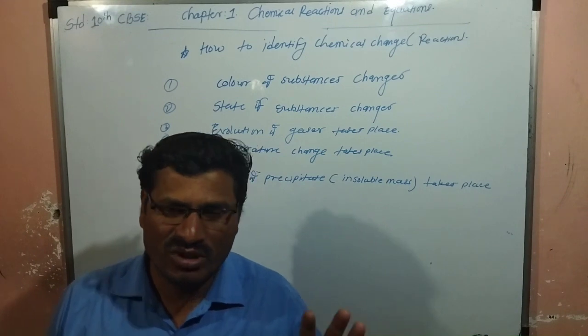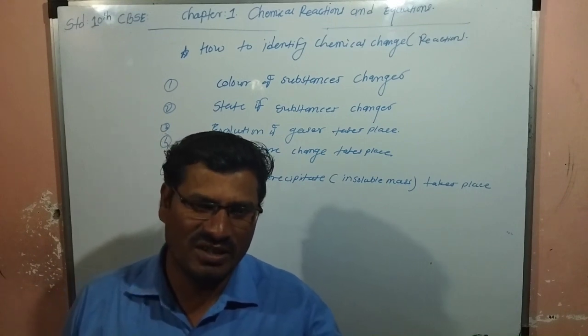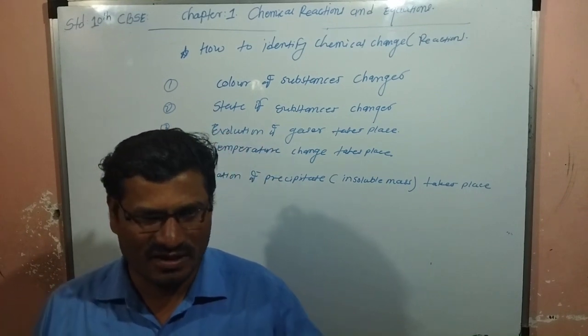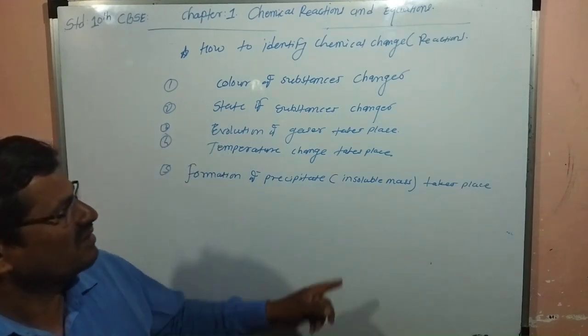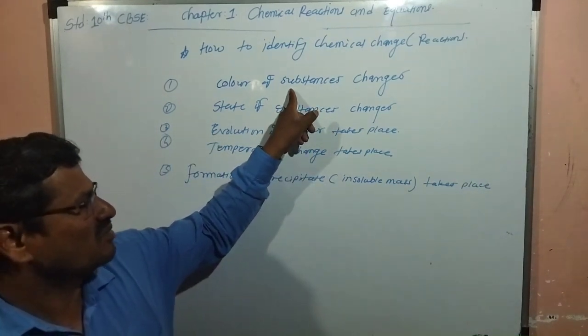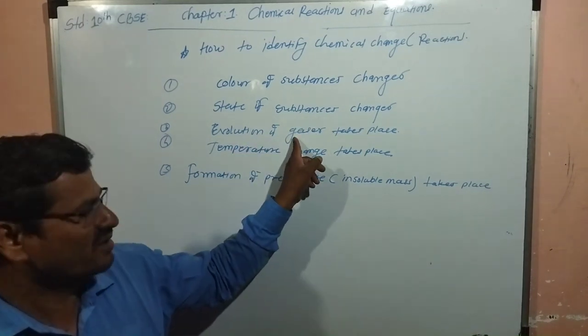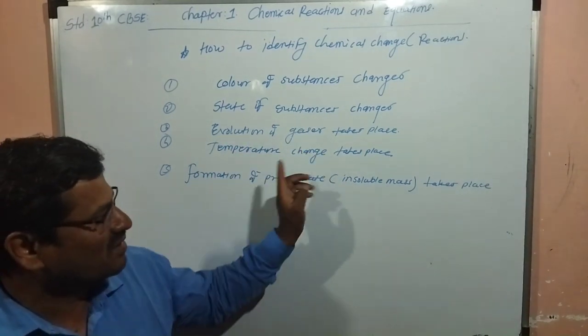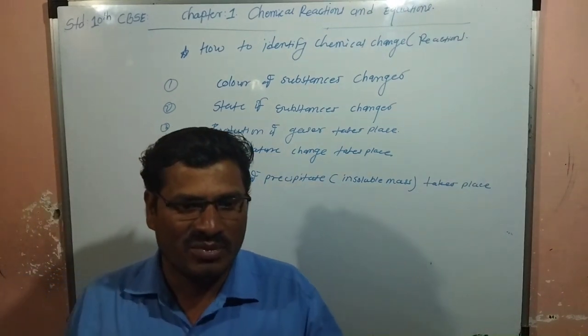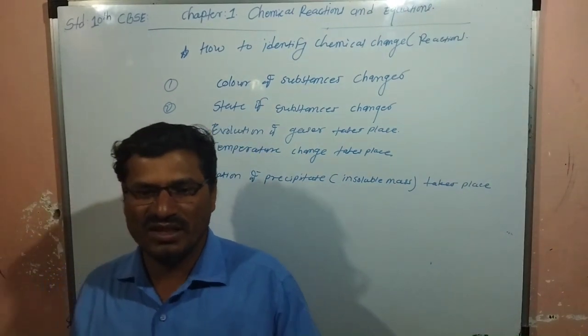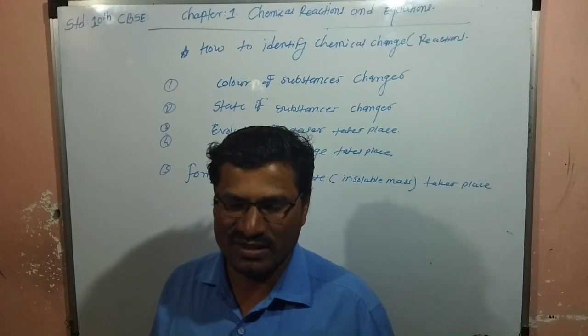Then and then only you can say chemical change or chemical reaction takes place. So how to identify a chemical reaction? Color of the substance changes, state of the substance changes, evolution of gases takes place, temperature change takes place, and formation of precipitate takes place. Then only you can say a chemical reaction takes place.